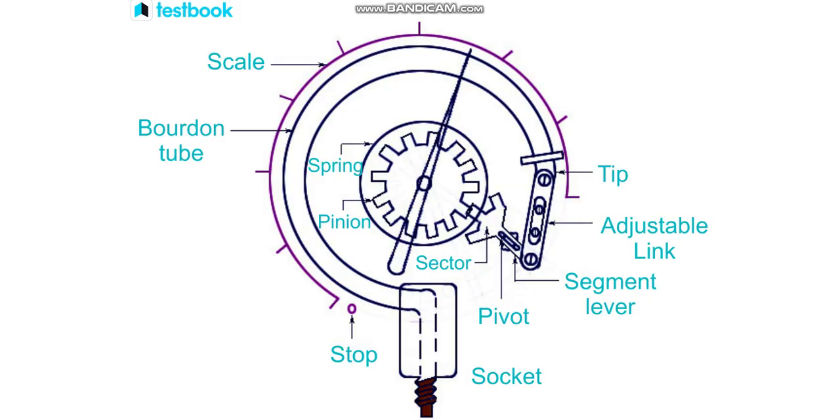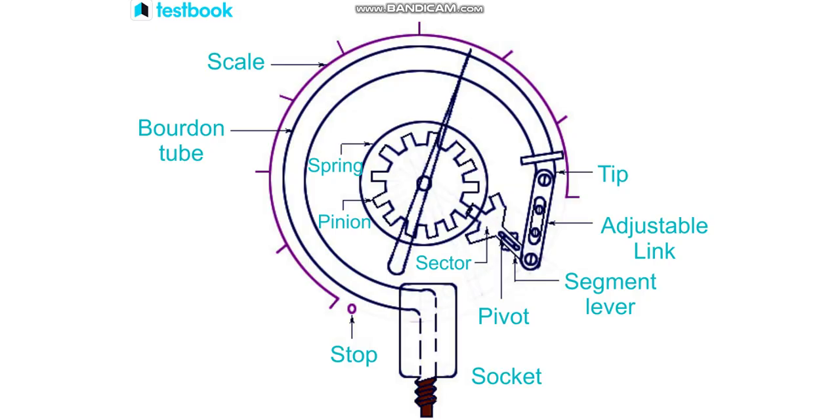So what is meant by primary transducer? A primary transducer converts one form of physical quantity into another form of physical quantity, that is, pressure into displacement. Pressure is one form of physical quantity and displacement is another form.